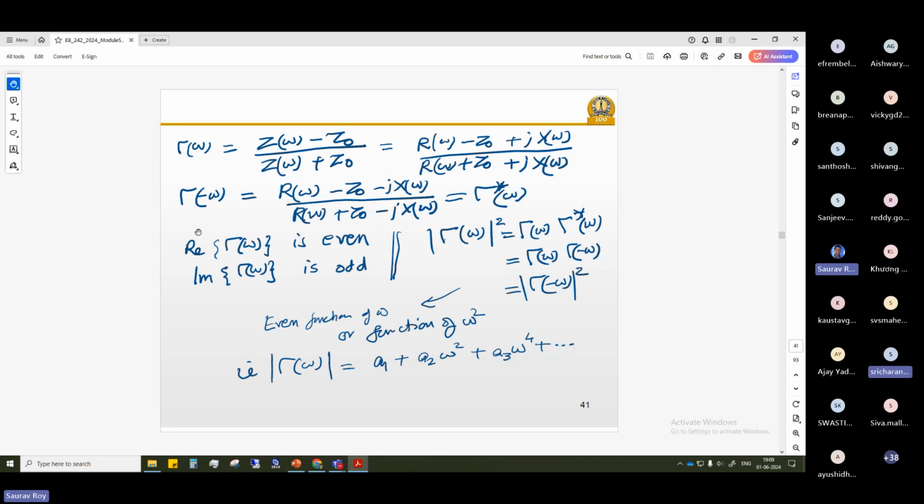And if you put gamma of minus omega, then you get some other value, which is actually coming as gamma omega star. Now, if you take the gamma omega square value, see how it has been expanded. A complex value's square you can take as gamma into gamma star, and gamma star is gamma of minus omega. So that is how you get gamma of minus omega square. If the square at omega is the same as at minus omega, that means it's an even function of omega.